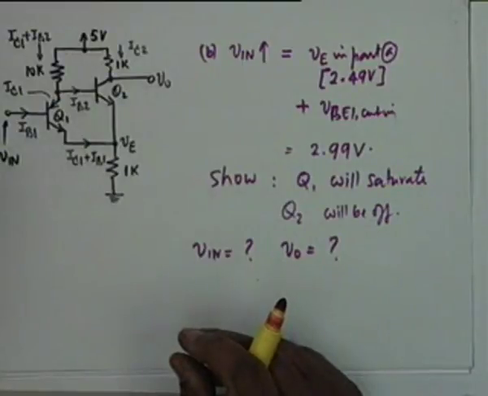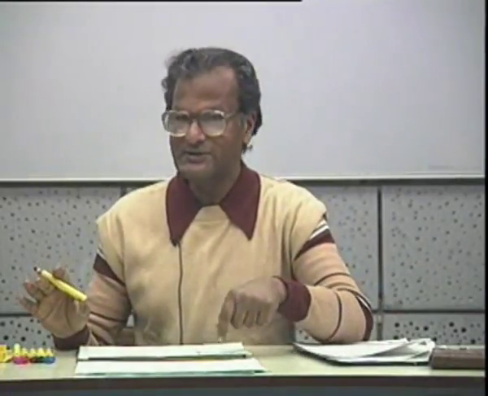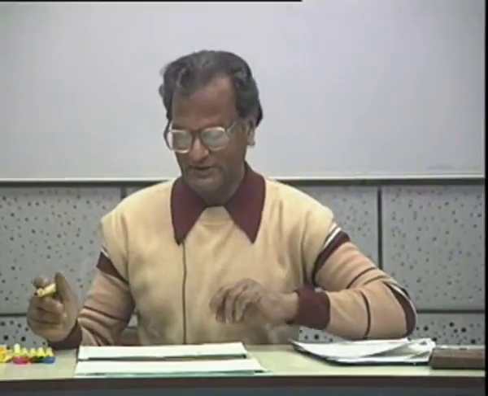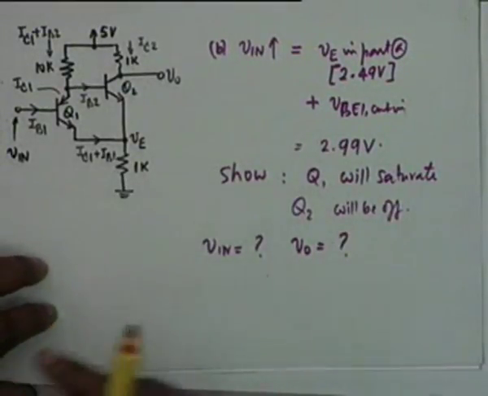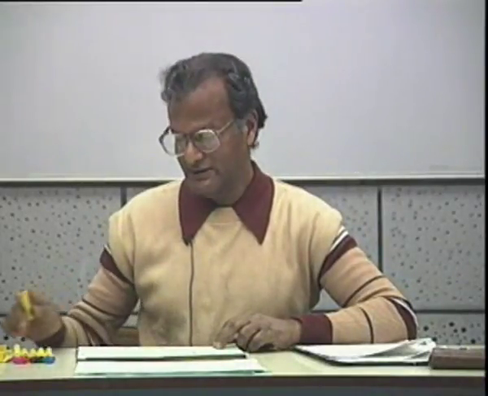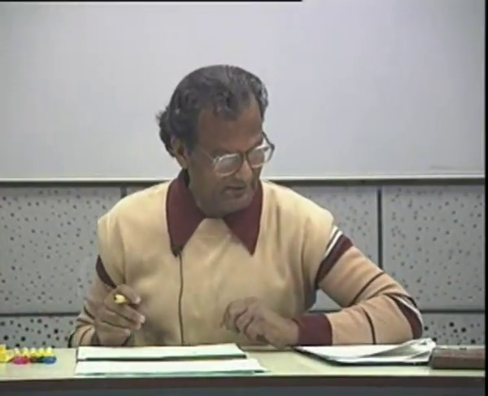During this process of increasing Vin, VE remains the same because Q1 remains cut off. As soon as it starts conducting, it takes no time to go into saturation. Let us see whether it does or not. So assume that this is true. If there is a contradiction, then we will say sorry, Q1 is not saturated.